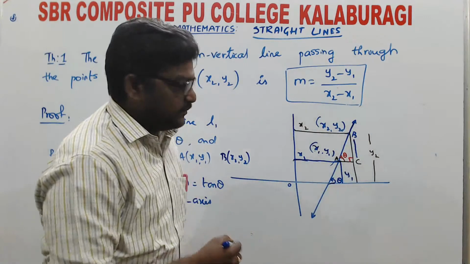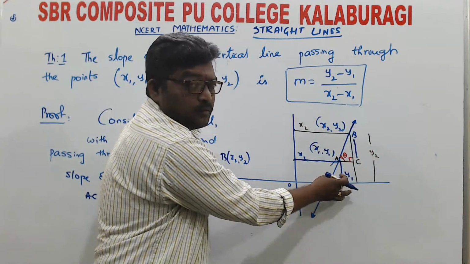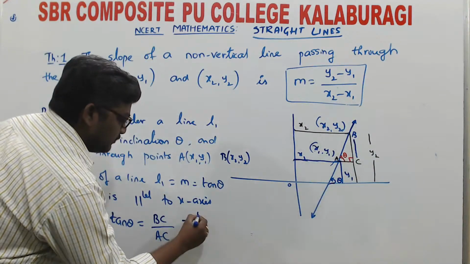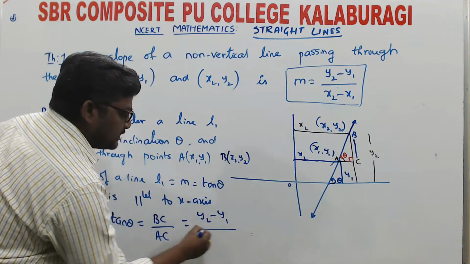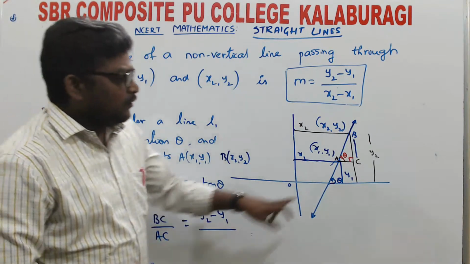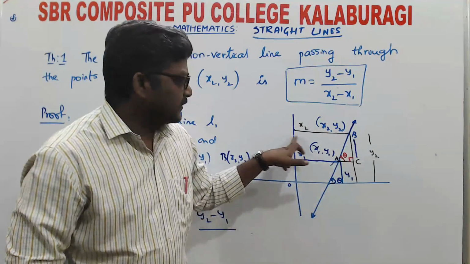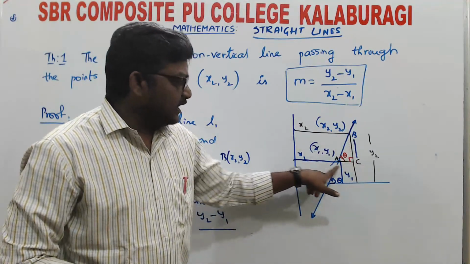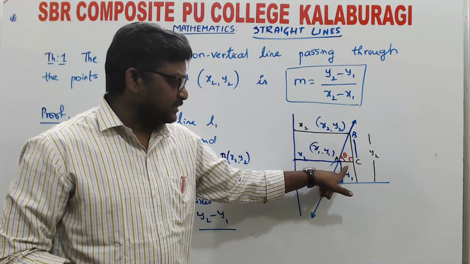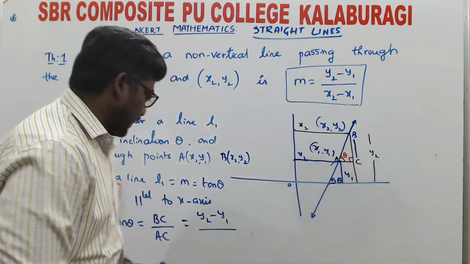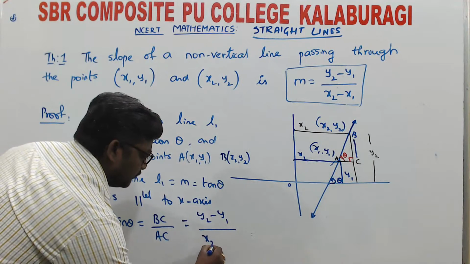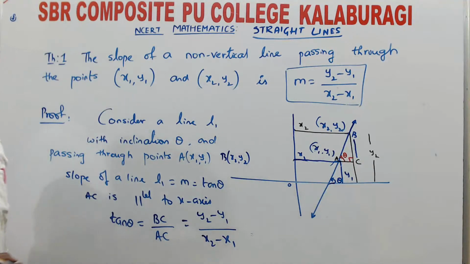If you want BC, it is total minus what we are having. Therefore, BC will be y2 minus y1. And I want only AC. From here to here we are having x2. And here we are having x1. Therefore, x2 minus x1 will give this value. Therefore, this will give x2 minus x1.